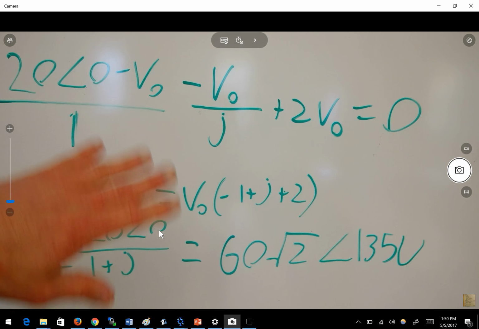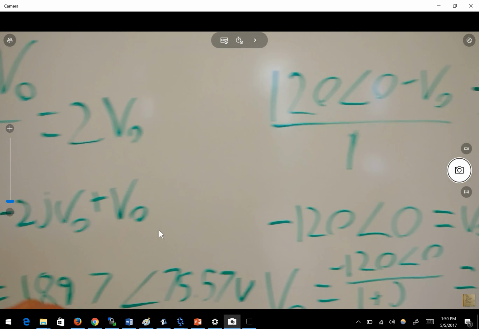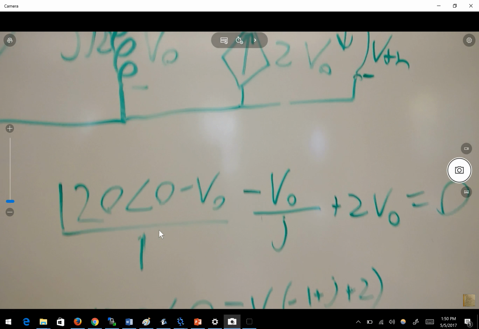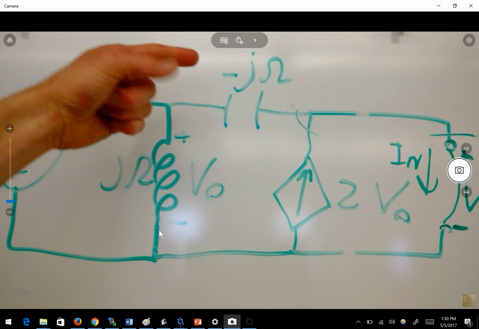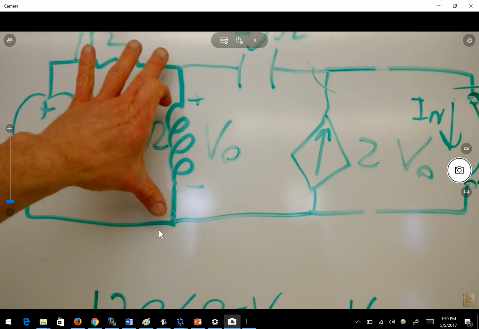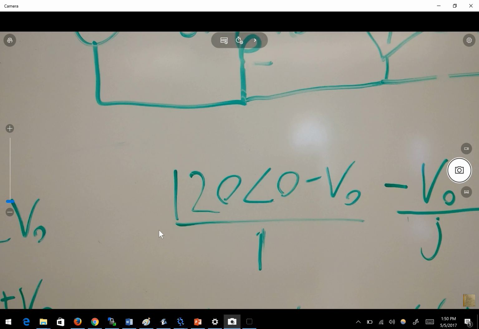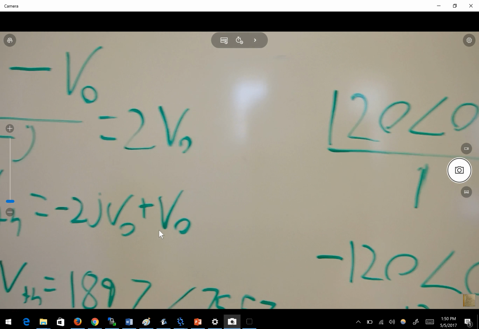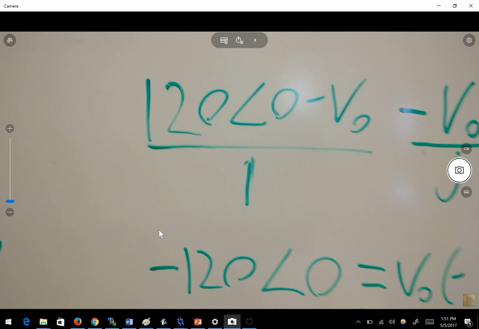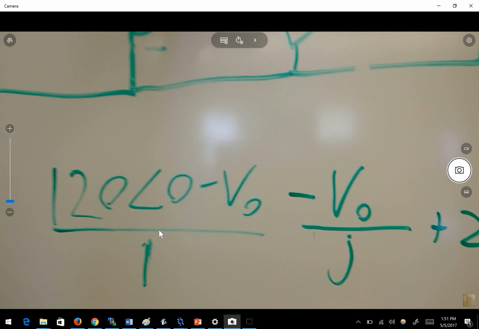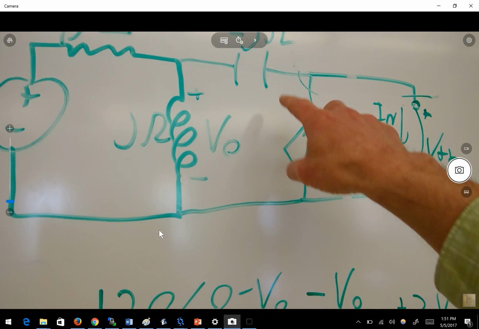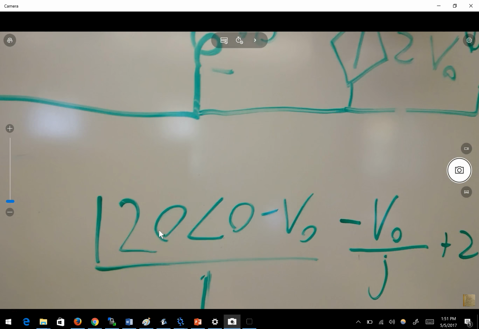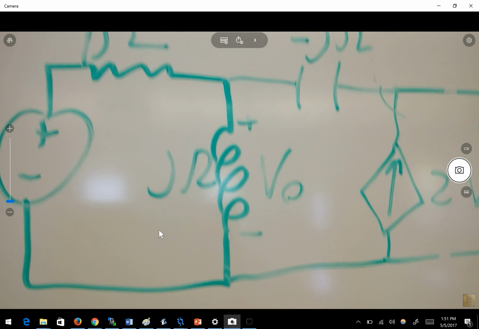So he did the initial work to find V Thevenin when this was an open circuit, right? And now he's shorting it out to find I Norton. And with I Norton, when you're shorting out that current source, you basically have just one node VO, which again you can use the voltage divider formula on. Did you use a nodal equation for that part? His answer was really, really close. No, you did use the voltage divider formula, and you found that the impedance is a minus J and a J here, going from VO to ground, because this is now ground here and ground here, right?